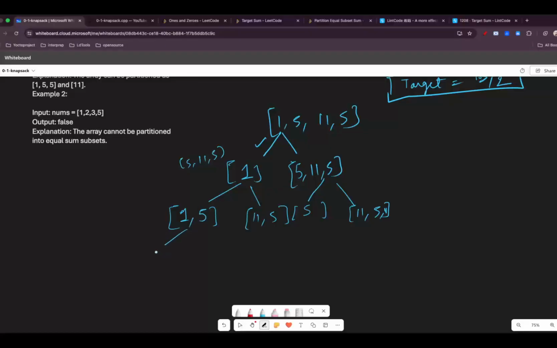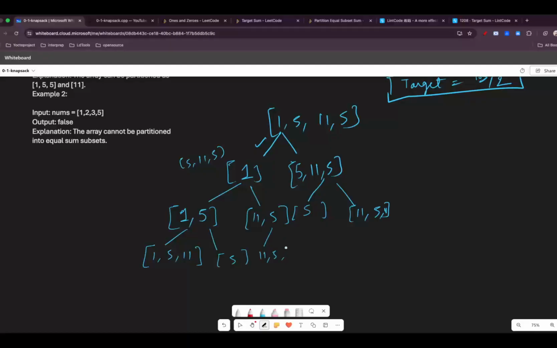Now here if we go ahead, 1, 5, and the next thing we are required to include is 11. But here now we are left with just the last 5. And here 11 and 5. So if we include both of them, at this point we were just left with 1 and 5.